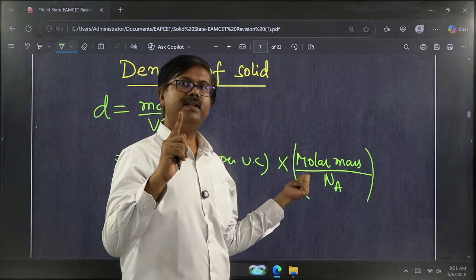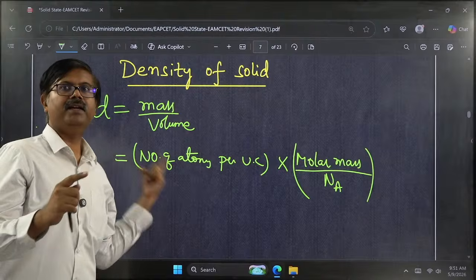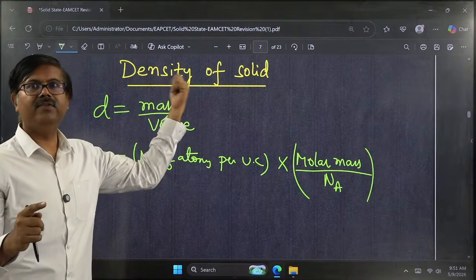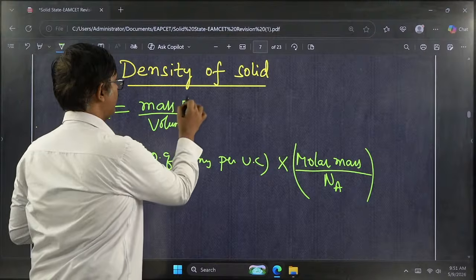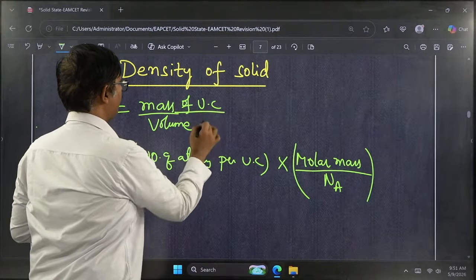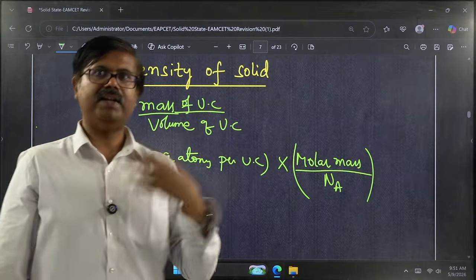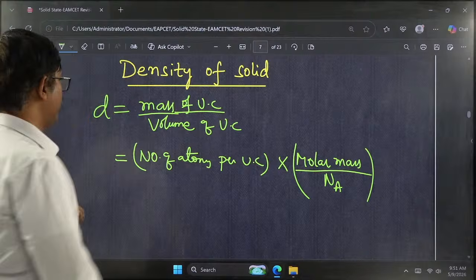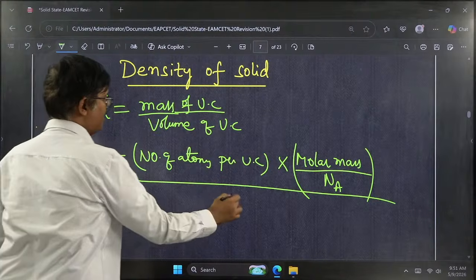Like that, how many atoms are there per unit cell? Take that number of atoms per unit cell. If you multiply, this is the entire mass of the unit cell. So what I am going to calculate is mass of unit cell by volume of unit cell, which is the density of the entire solid also. That's what I am doing, divided by volume of unit cell.